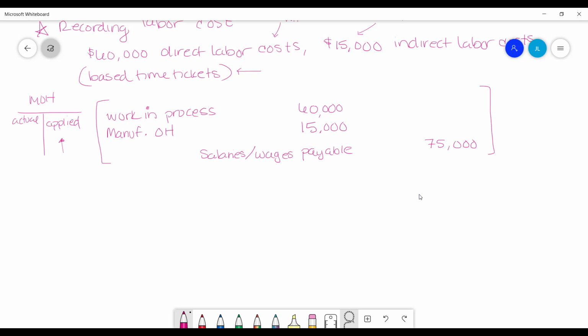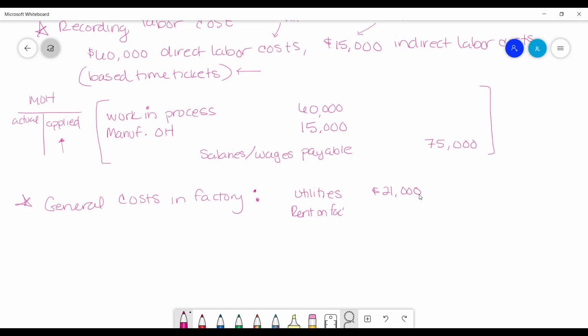Okay. Now, what about other general costs? Let's assume the company incurred general costs in the factory for the month as follows. And I'm using the numbers from the PowerPoint so that hopefully these numbers will be a little bit familiar when you go to look back at that. So let's assume that this company incurred factory utilities of $21,000.